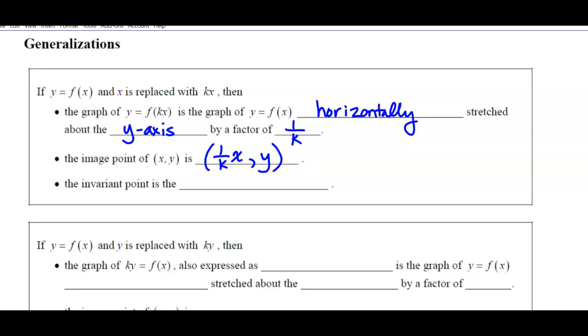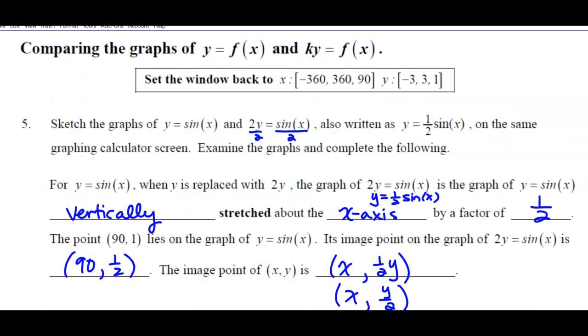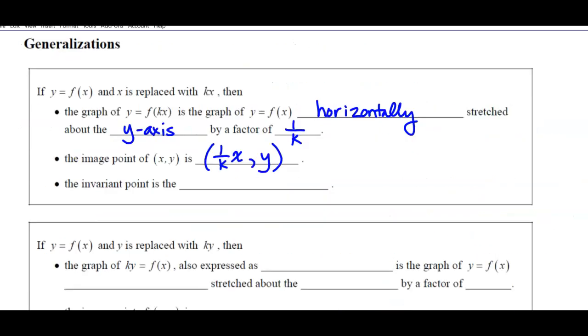So, invariant points, what happens? So, maybe, well, I guess they don't have the graphs there, right? They're gone from their calculator. Where would the invariant point or points be? There's a bit of a hint in this. We're doing a horizontal stretch.